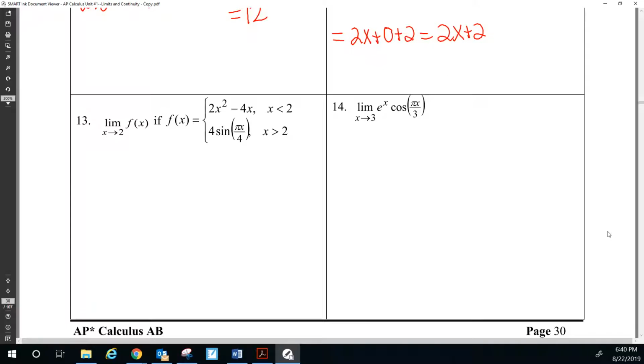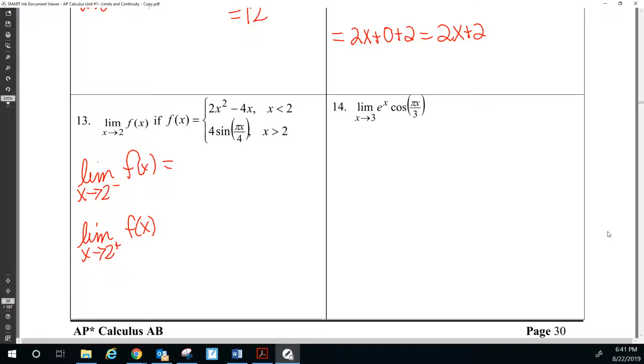If I want the overall limit of a piecewise function, then we're going to find the left-hand limit and the right-hand limit and see if they're the same. So we look at x approaches 2 from the left side and x approaches 2 from the right side, both of f of x. Woo! It's getting late. Here we go.